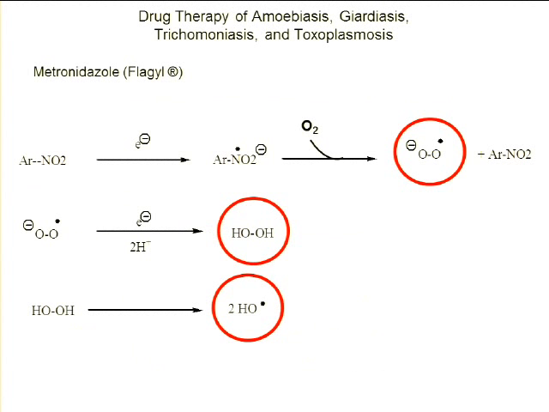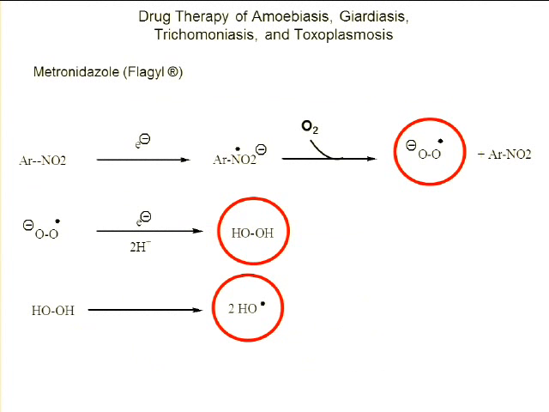And superoxide itself is then converted to this species. What is this? H2O2, hydrogen peroxide, which is again an oxidative species. And hydrogen peroxide can be broken down further, yielding the hydroxy radical.